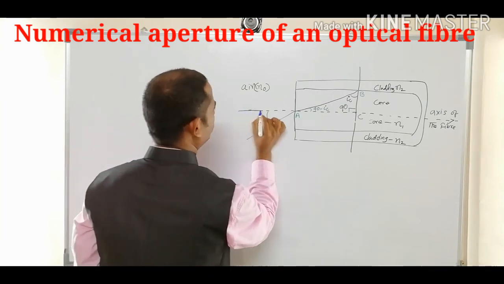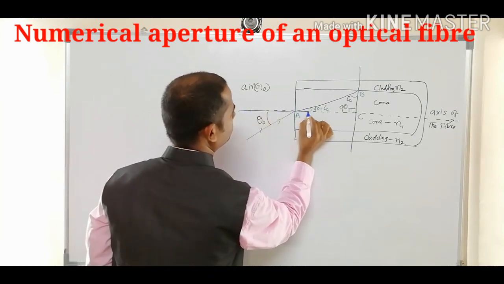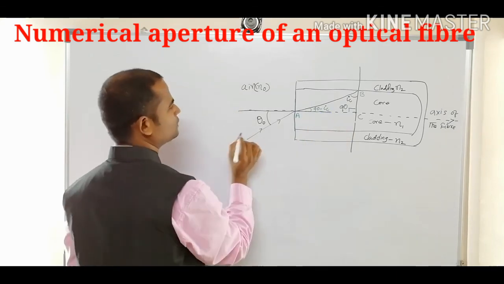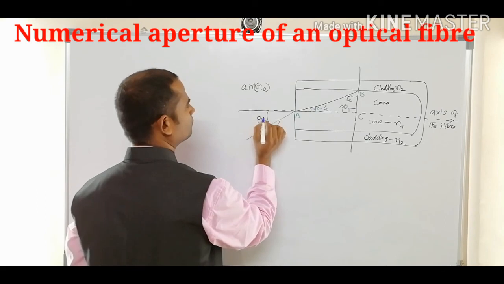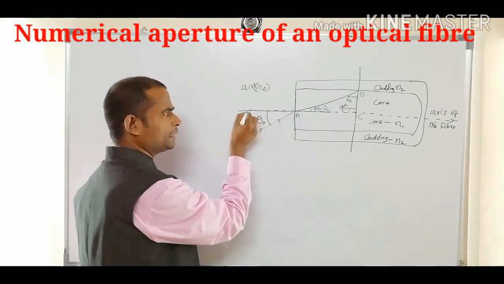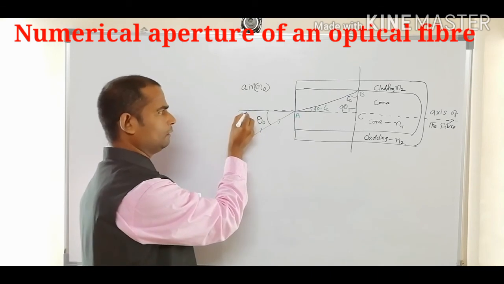One more line I am drawing here, along the axis of the fiber, will work as normal. So we are taking the incidence angle with respect to the fiber axis.